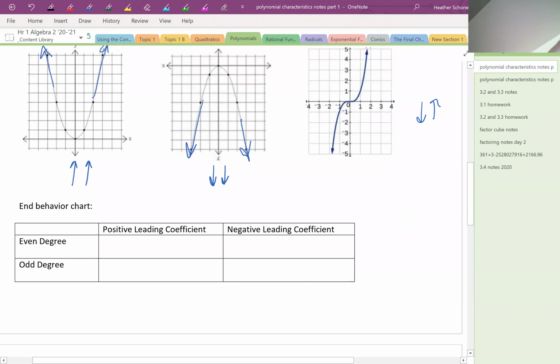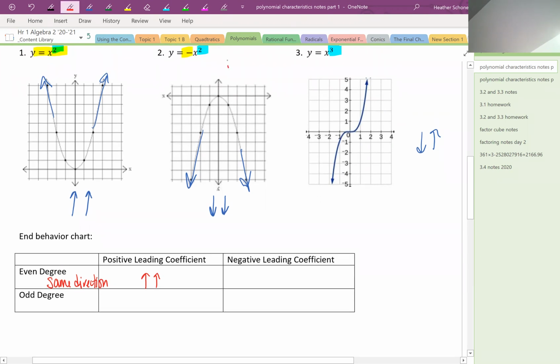So we can put this little chart together to help us remember it. If it's got an even degree, it's always going to be going the same way. So same direction, and if the leading coefficient is positive, that same direction is up. But if the leading coefficient is negative, like this one, that same direction is going to be going down.